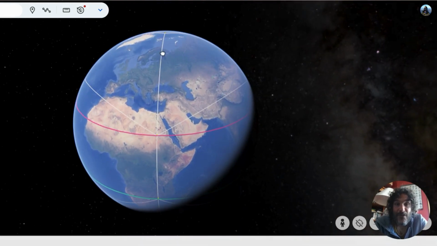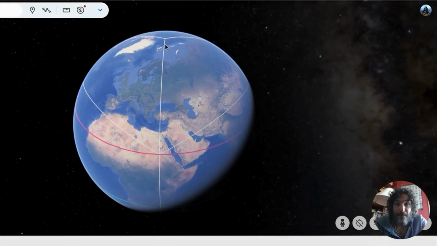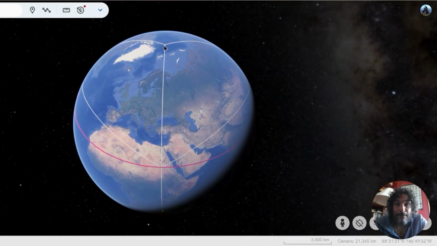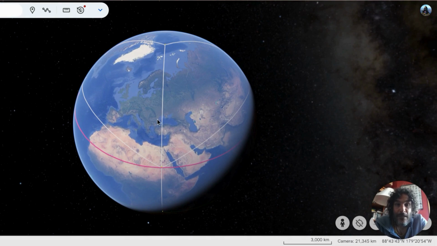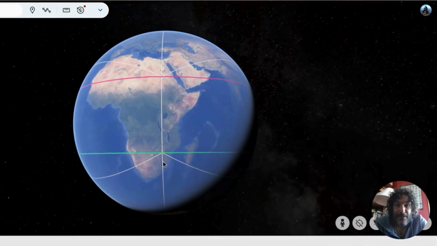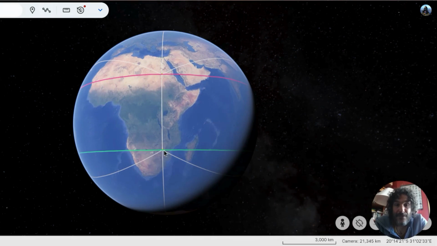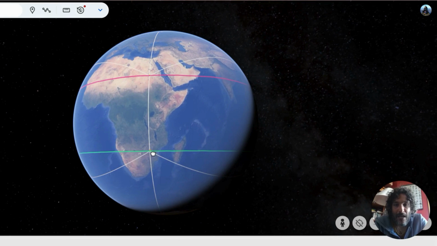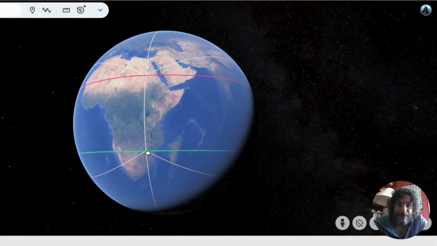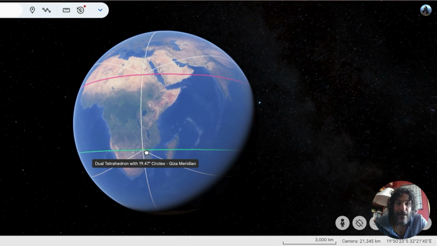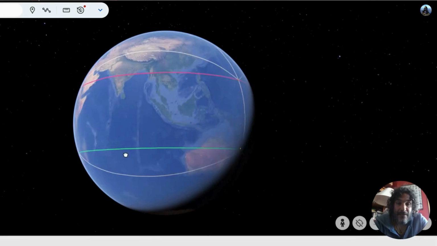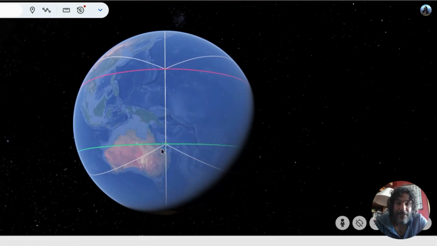We've got our first point here, the apex, the North Pole, then my second vertex in Zimbabwe, and to get the two other vertices, which make the base of the upward tetrahedron, we have to space them out exactly 120 degrees.